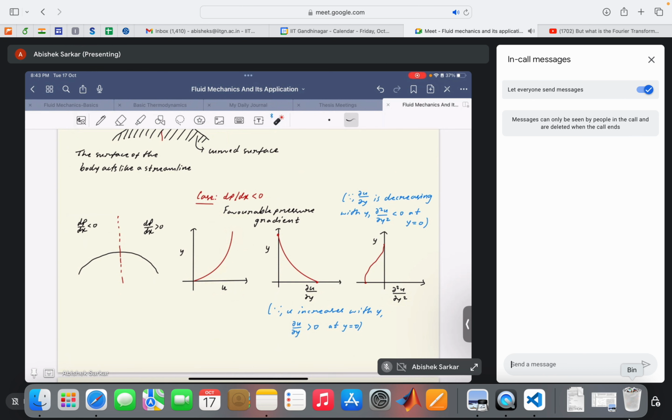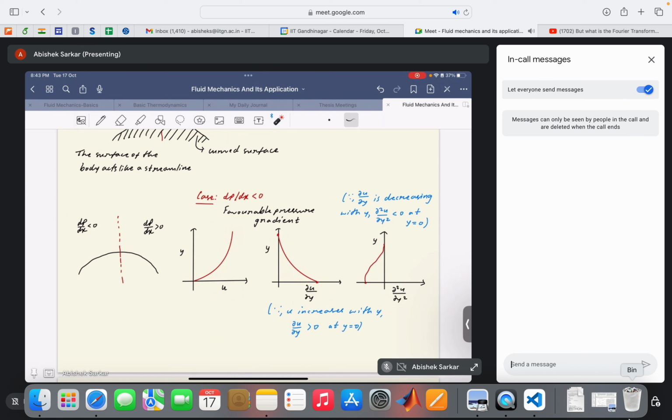So this is exactly what is shown here. Initially it is positive at the wall, and as we move up the boundary layer, the value of this gradient gradually decreases and is almost equal to 0 at y equal to delta.